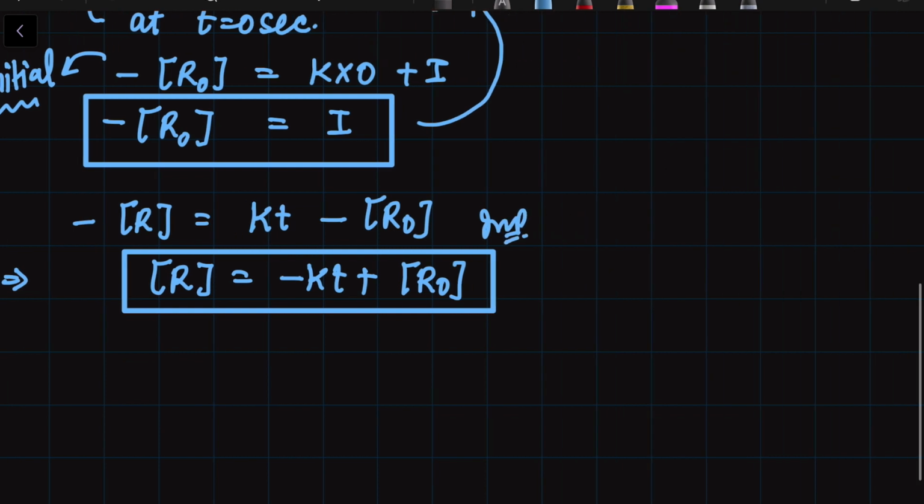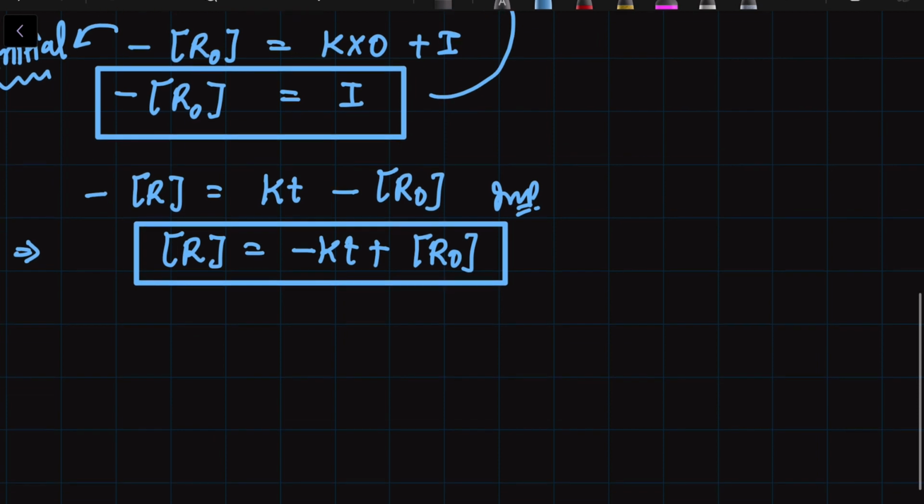Similarly, based on the same concept, we can also draw the graph of the equation. If you compare with the equation of a straight line, y is equal to mx plus c, then x is t, time, y is the concentration of R, and c is the concentration of R naught.